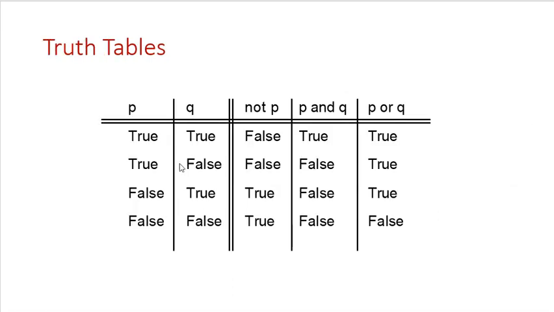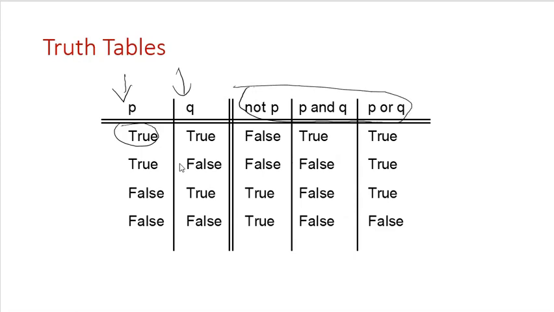So here is what we call a truth table of Booleans. There can be different types of truth tables, and these are the basic ones. These two columns you can assume are the input values, and these are the output values.